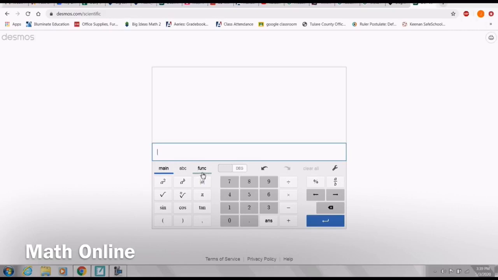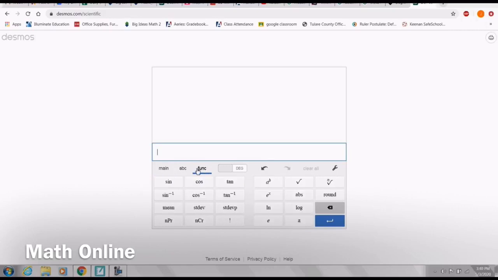So you want to press the function menu, and then you're going to see all these functions. Click on inverse tangent, the one with the little negative one. That represents inverse tangent. So click on inverse tangent, and the next step is to type in the ratio that you were given.